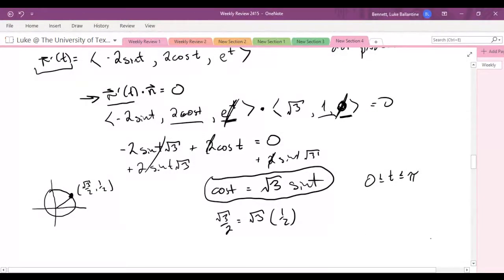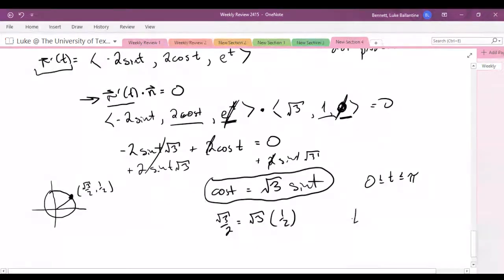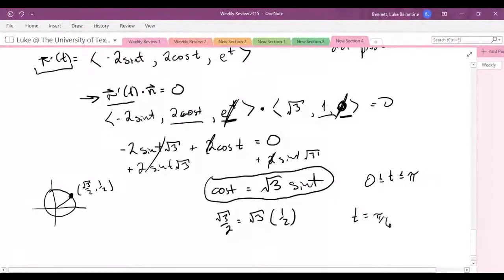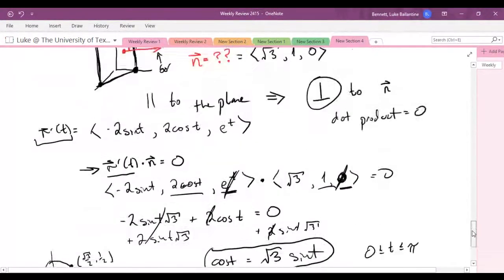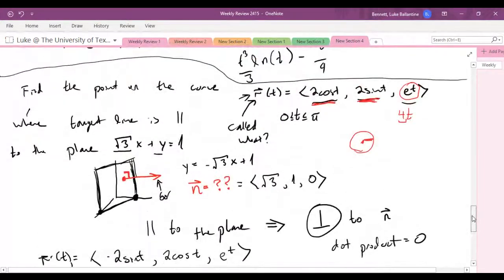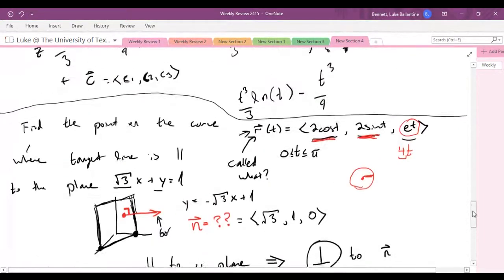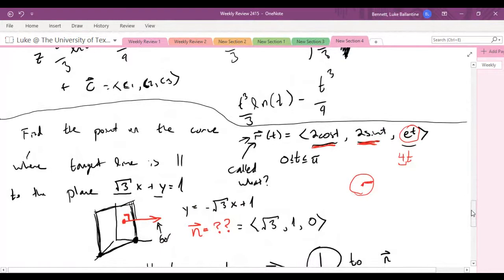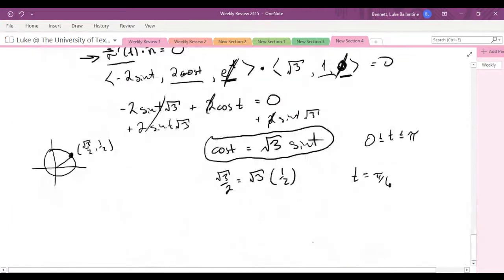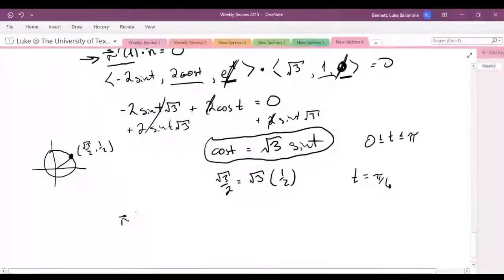Boom, those are equal. So at t equals pi over 6, the tangent line is parallel to the plane. We don't even have to find the tangent line. We just have to find where the tangent line is parallel. So now we take pi over 6 and plug it into r of t.